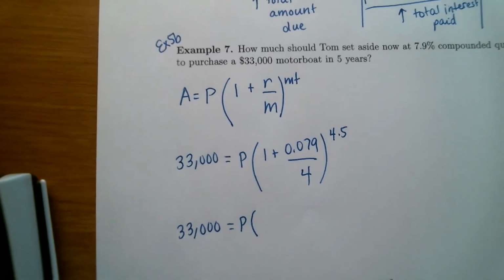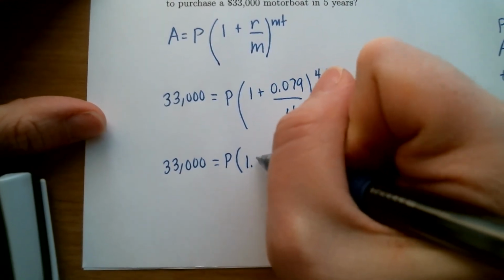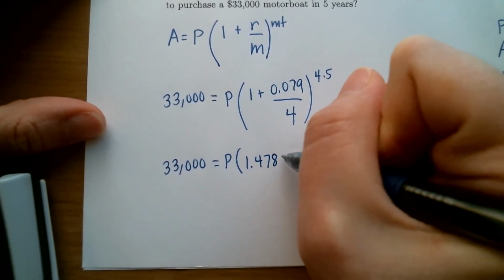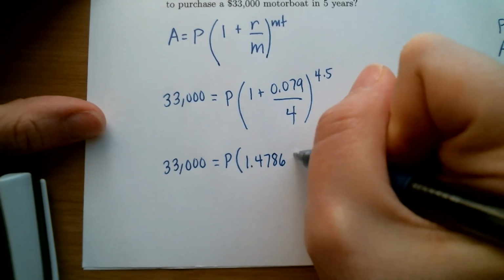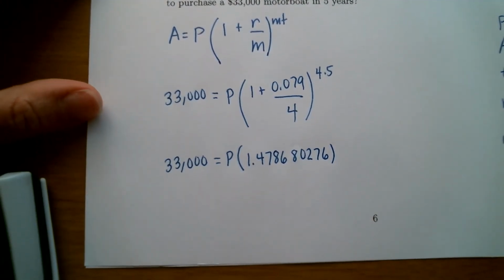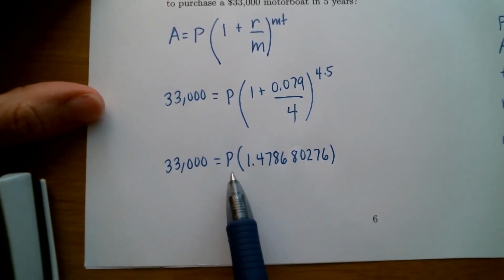Let's write this out. So that's that messy number. You want to isolate P because that's what you're solving for.